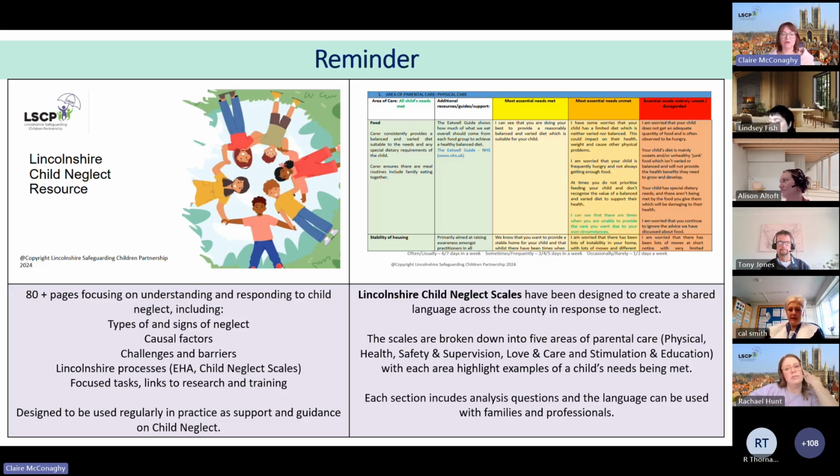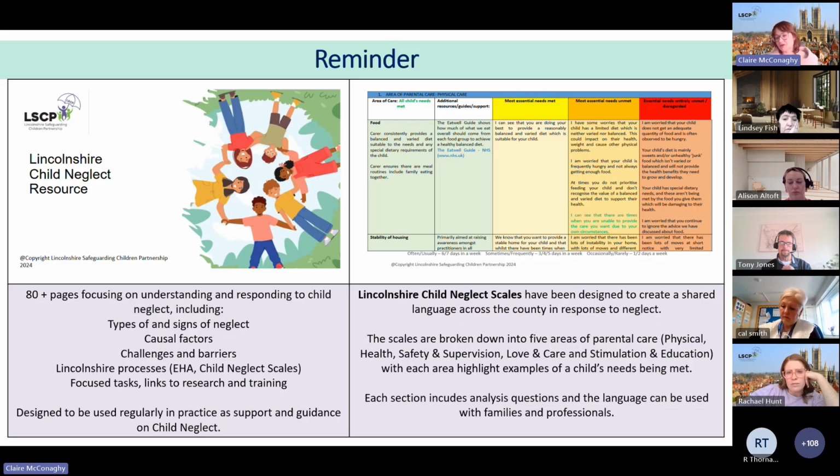It moves through signs of the types of neglect, causal factors, and how it can link to assessments. Then it also has links on how to respond, maybe if there's an area of practice in the understanding of neglect within a family that you're working with and supporting.